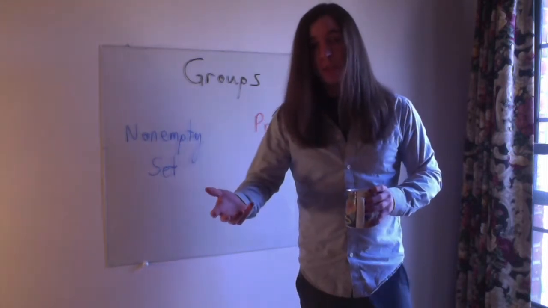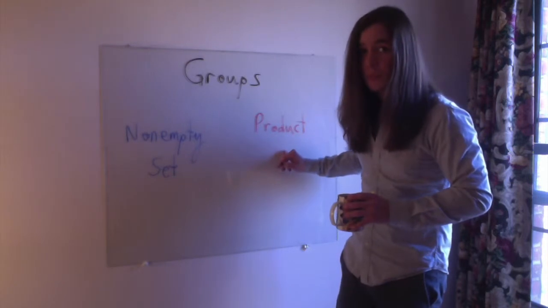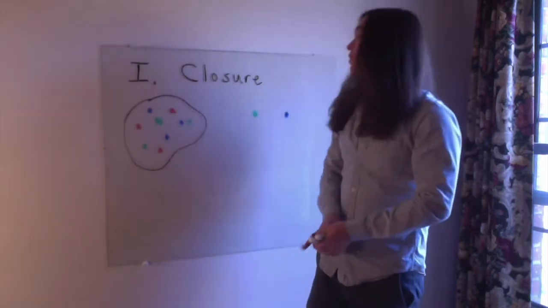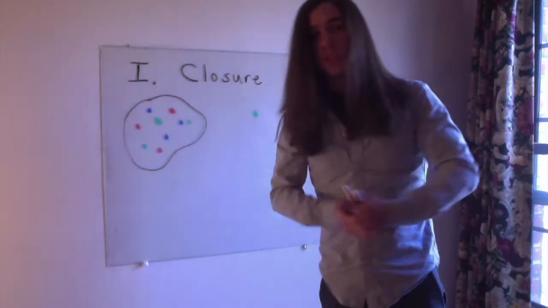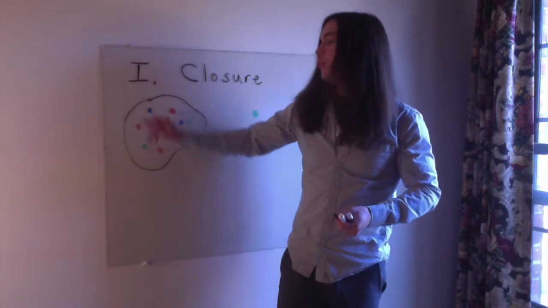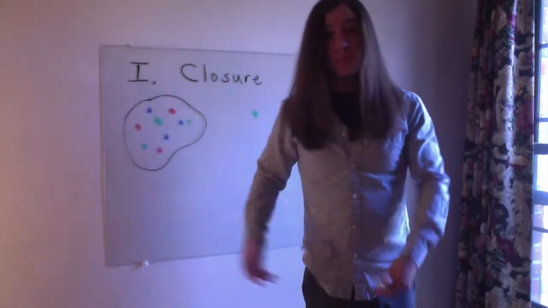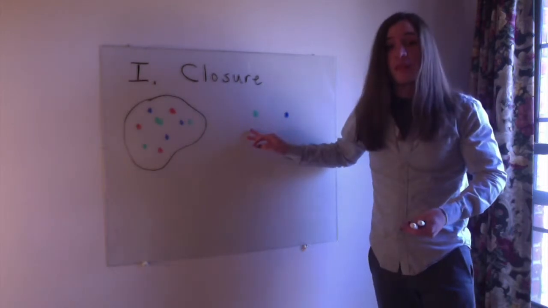So there are a few more restrictions on this product, and those restrictions are what make it a group. The first of these properties that's really easy to grasp is called closure. Let's say we have this bag of elements. This is our set right here. We've got these different colors in here, and we have some product that can take two of these elements and produce another.